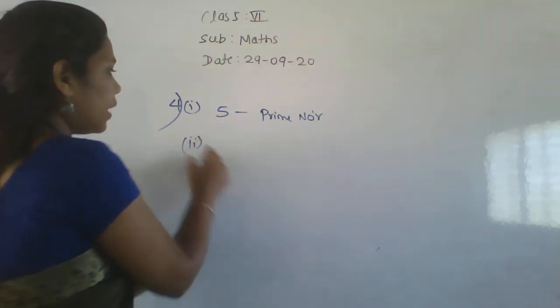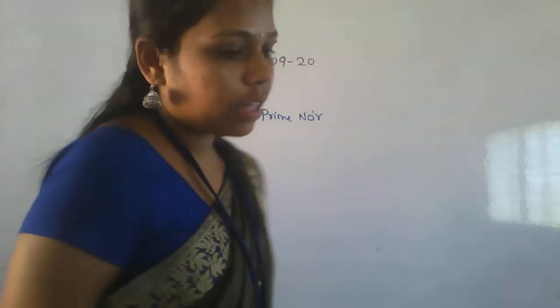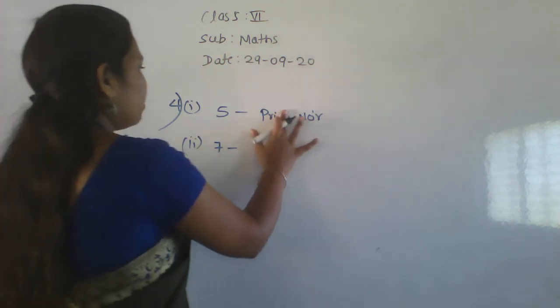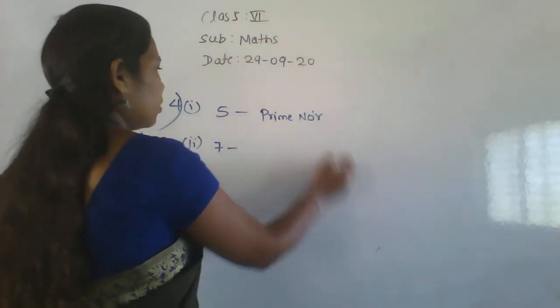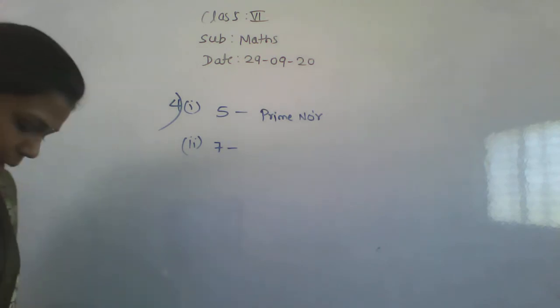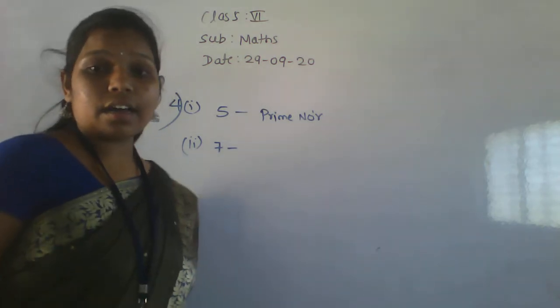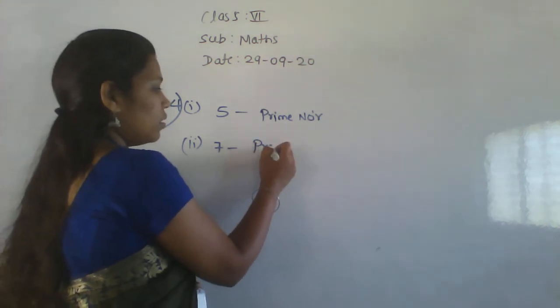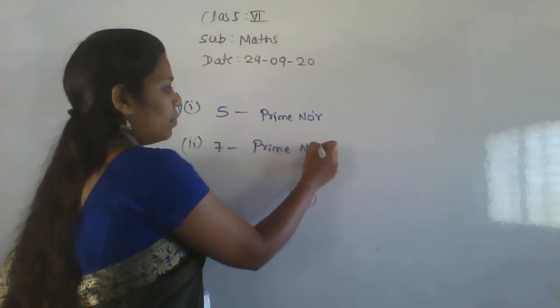Second one: 7. Whether 7 is a prime number? Yes, 7 is a prime number.